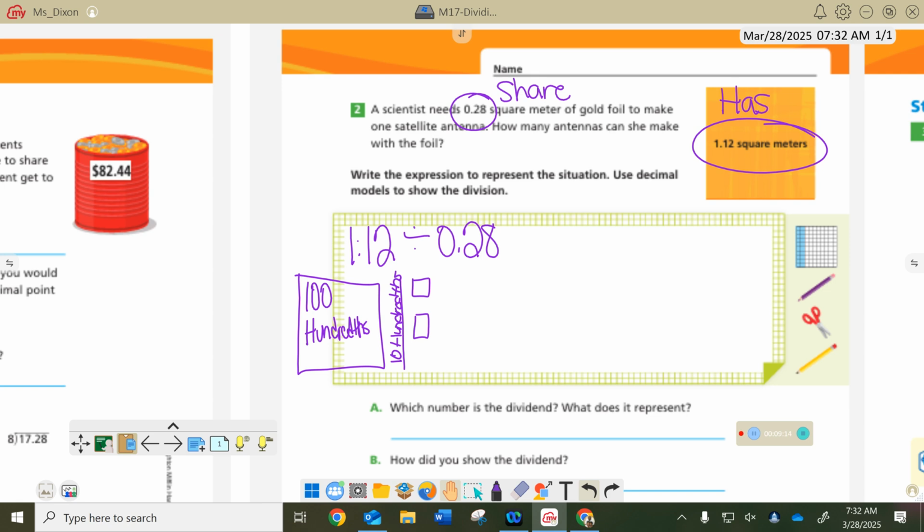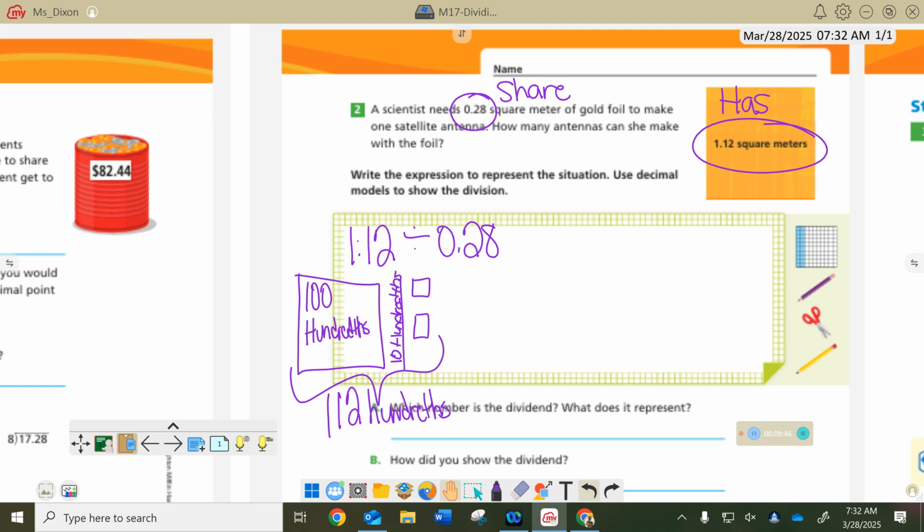So that now gives her a total of 112 hundredths. She now has to share that 112 hundredths into groups that have 2,800 in each of them.